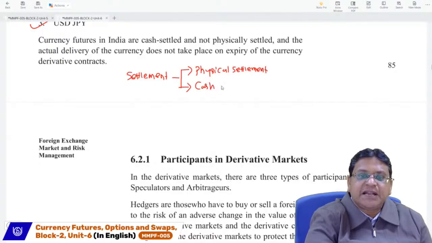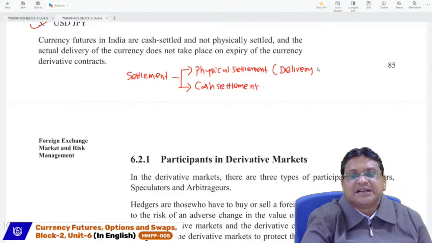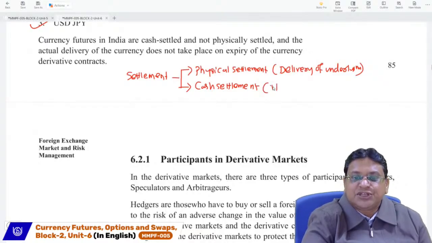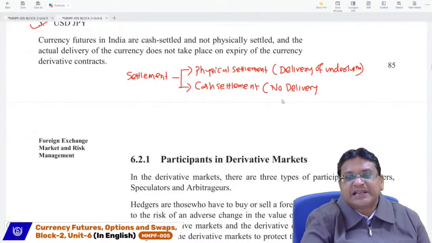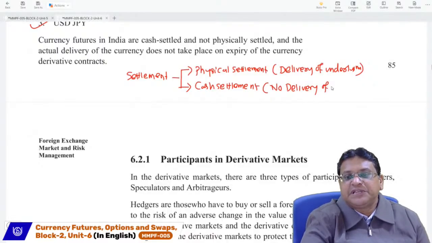In case of physical settlement, the payment is made through delivery of currency. Here, actual delivery of the underlying exists. But in case of cash settlement, there is no delivery of the underlying. Only the cash difference is settled, with no delivery of physical assets.